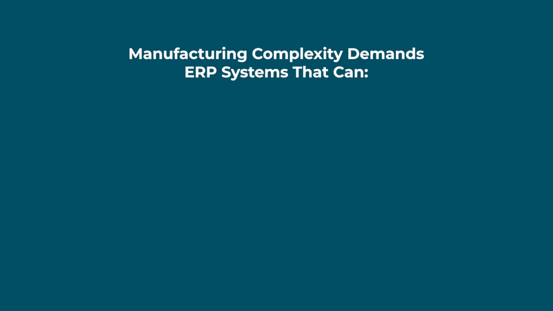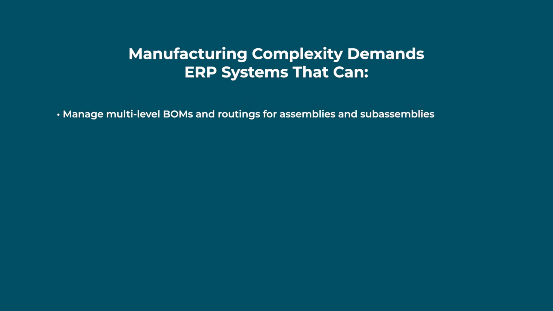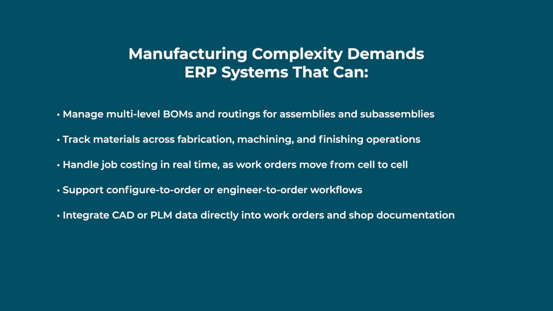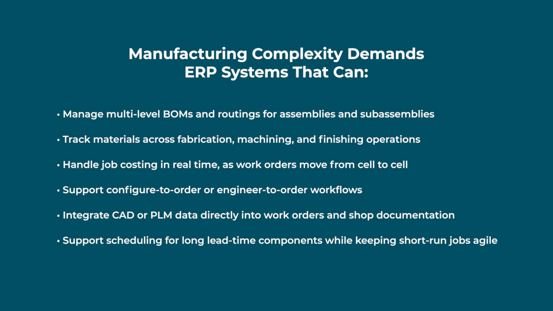That complexity demands ERP systems that can manage multi-level BOMs and routings for assemblies and sub-assemblies, track materials across fabrication, machining, and finishing operations, handle job costing in real time as work orders move from cell to cell, support configure to order or engineer to order workflows, integrate CAD or PLM data directly into work orders and shop documentation, support scheduling for long lead time components while keeping short run jobs agile. Generic ERPs aren't typically built for this. For example, they understand inventory but not fabrication. They track sales orders but not cut lists or nesting.